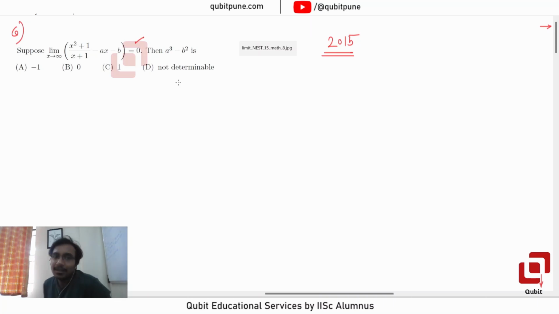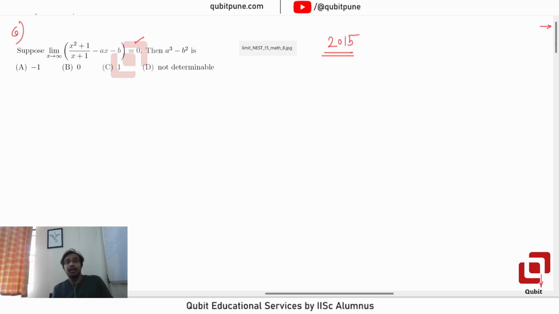Now, not determinable could also be an option here, because it may appear to us that we have only one equation at our disposal and two unknowns, a and b. But don't mark it, because unless we solve it we will never come to know.